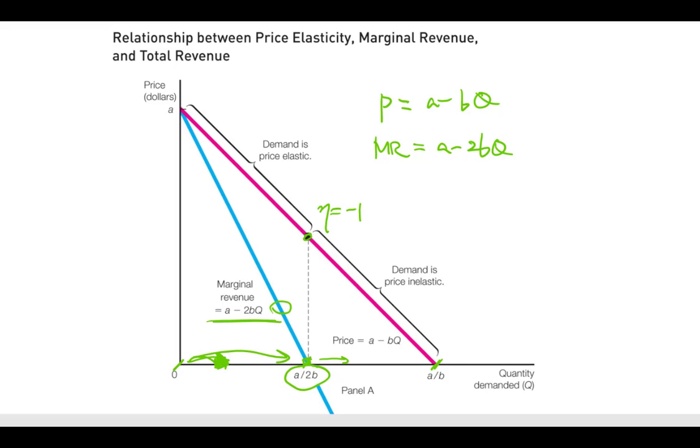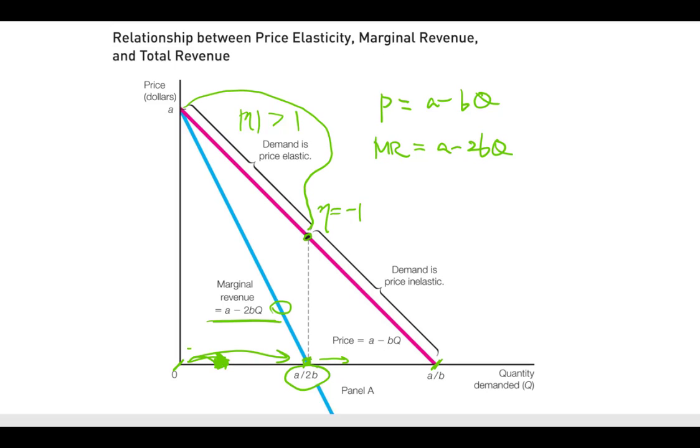And of course, when quantity is less than A over 2B, market demand is elastic, where the absolute value of price elasticity is greater than 1. So that is any range here, right?